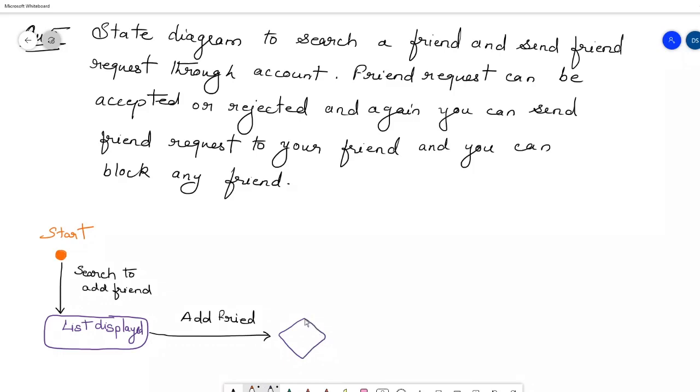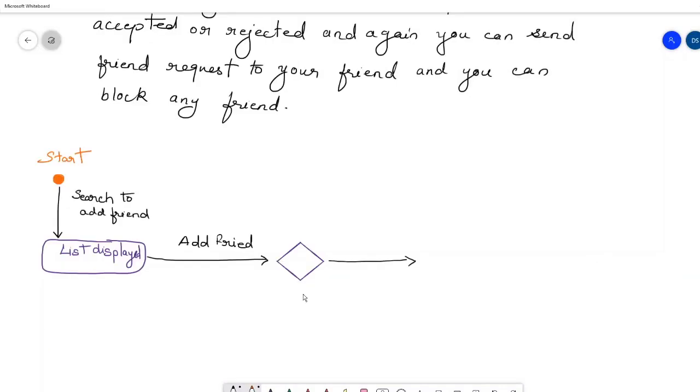Now first let me go in a simple way. When you have added, when the request is accepted, what would happen? Accepted.